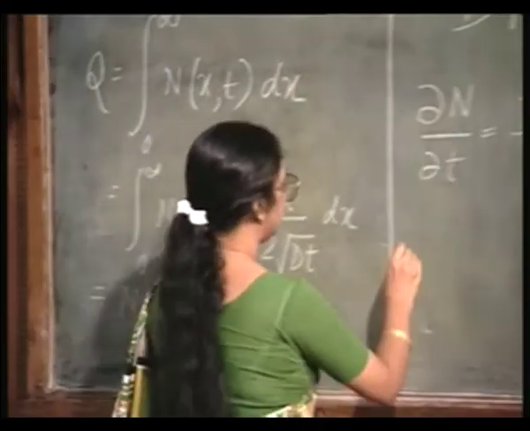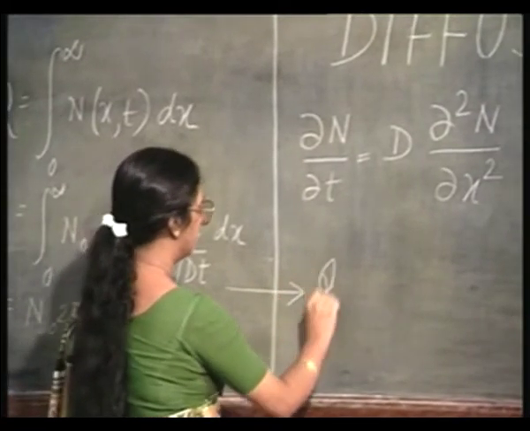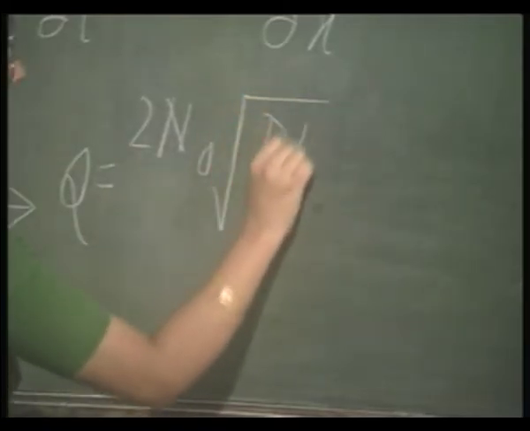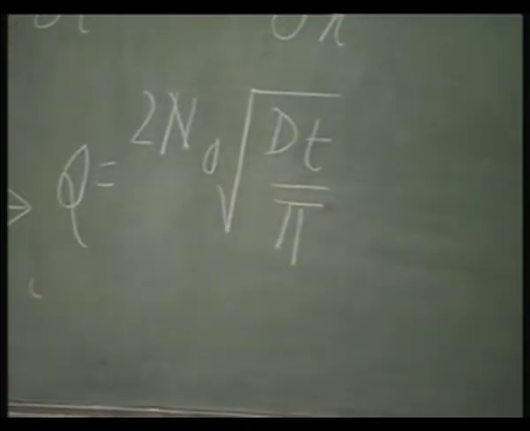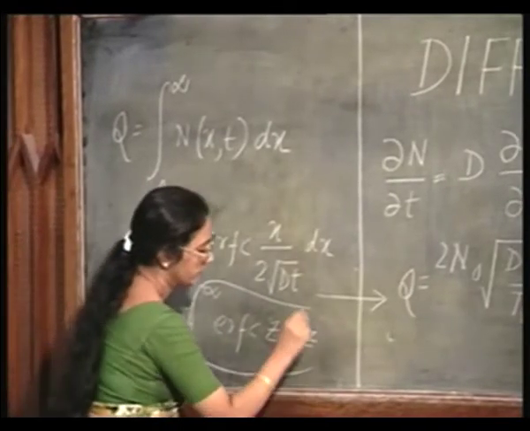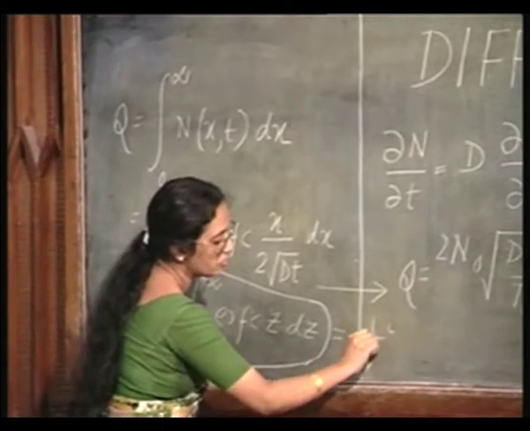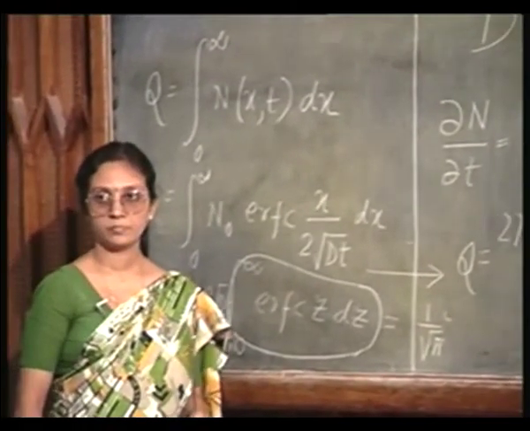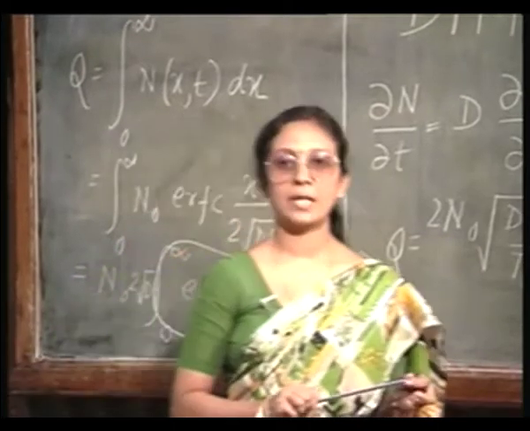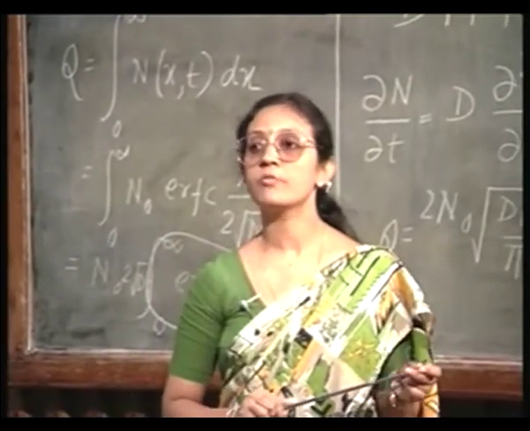So, Q is given by 2 n0 root Dt by pi, simply because this integral is equal to 1 upon root pi.